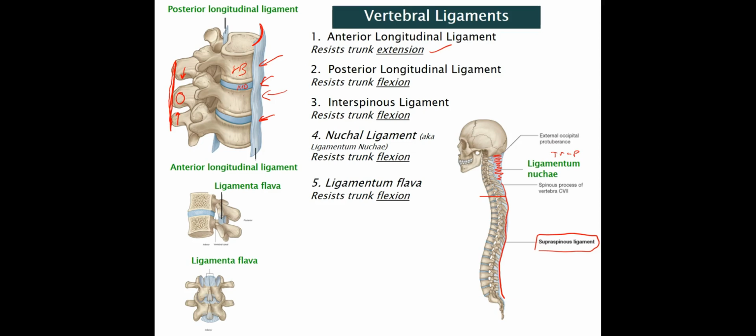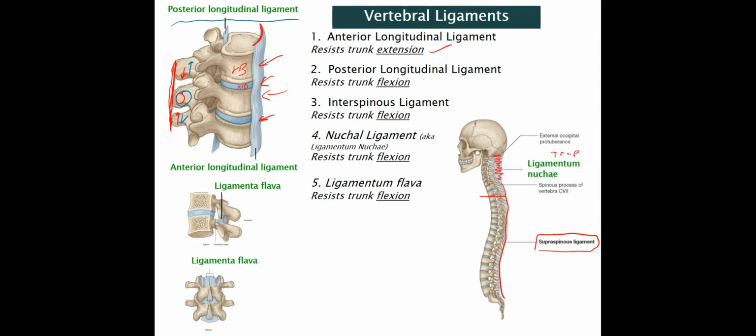Conversely, if we were to flex forward, this spinous process would go up, let's say relative to this one, and this one, let's say, may go down relative to that one, and then the anterior longitudinal ligament would become less taut, but the posterior longitudinal ligament would become more taut.